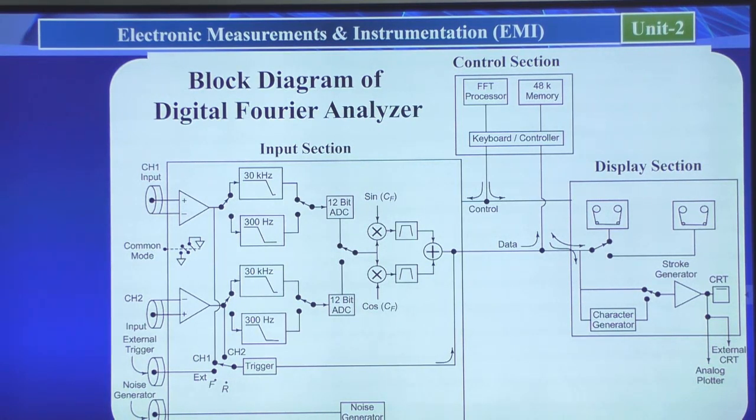In this digital Fourier analyzer, we have channel 1 and channel 2, two types of inputs we are giving here. The total block diagram is divided into 3 sections.